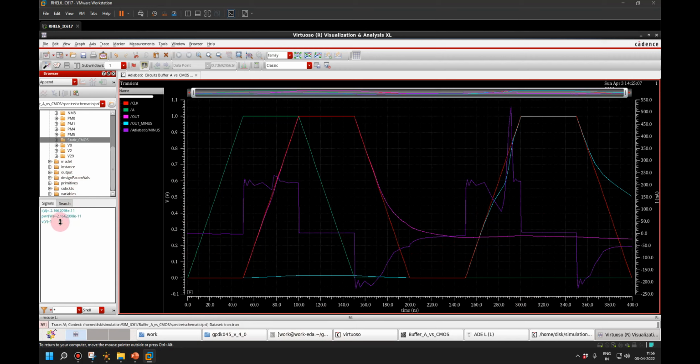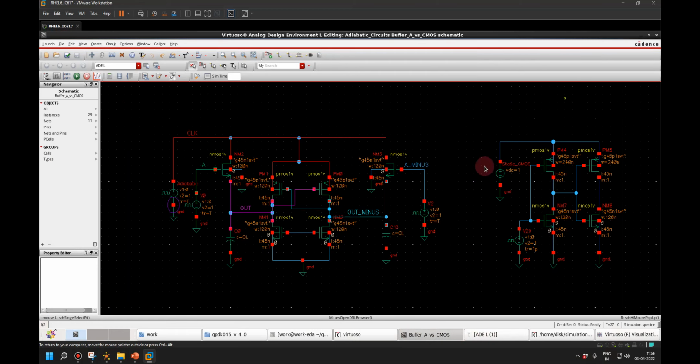Here the power consumption is in nanowatts, whereas here it is almost 0. So we can do these simulations in LTspice also.